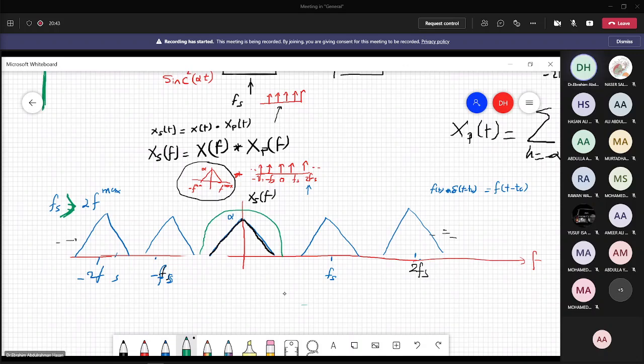So here it is very easy to pass only x of f.